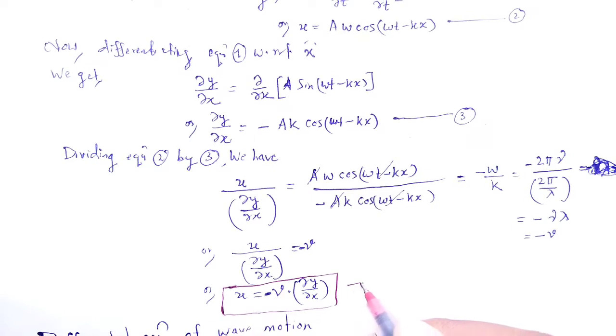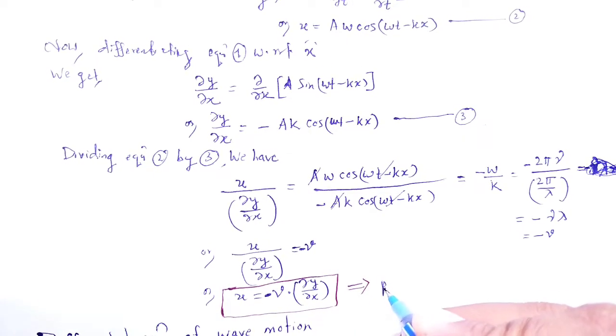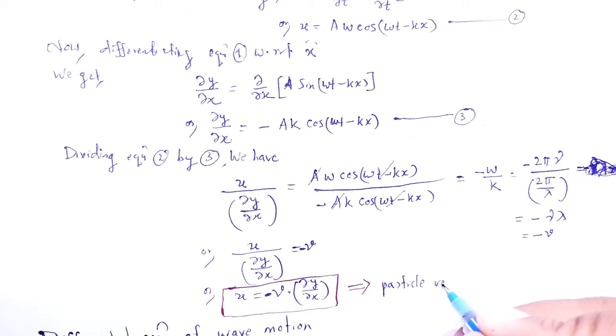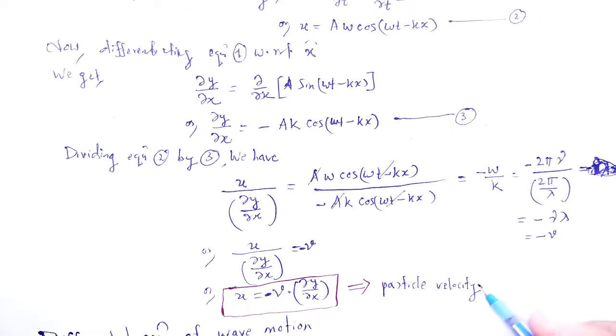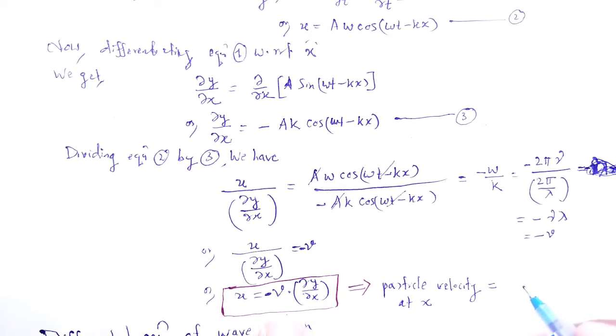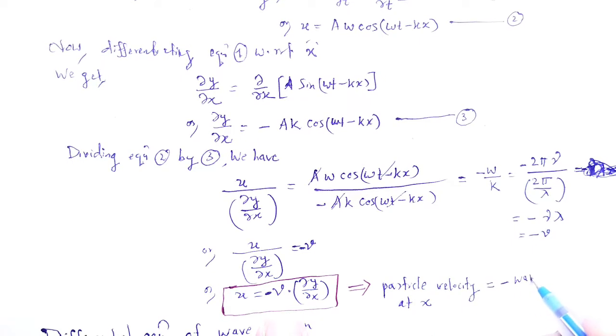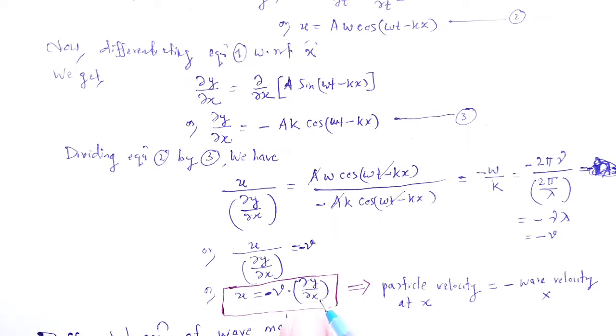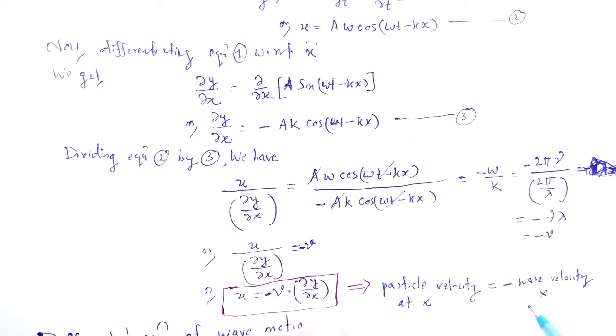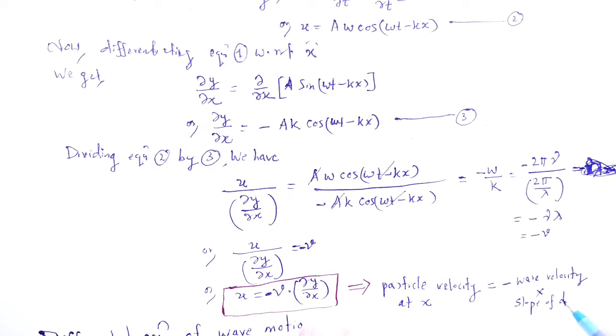So the particle velocity at x is equal to the negative of the wave velocity into the slope of displacement at x.